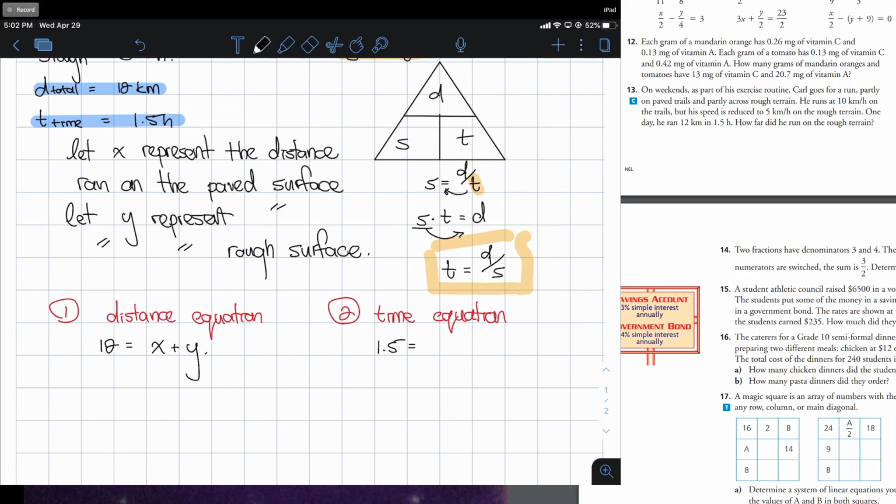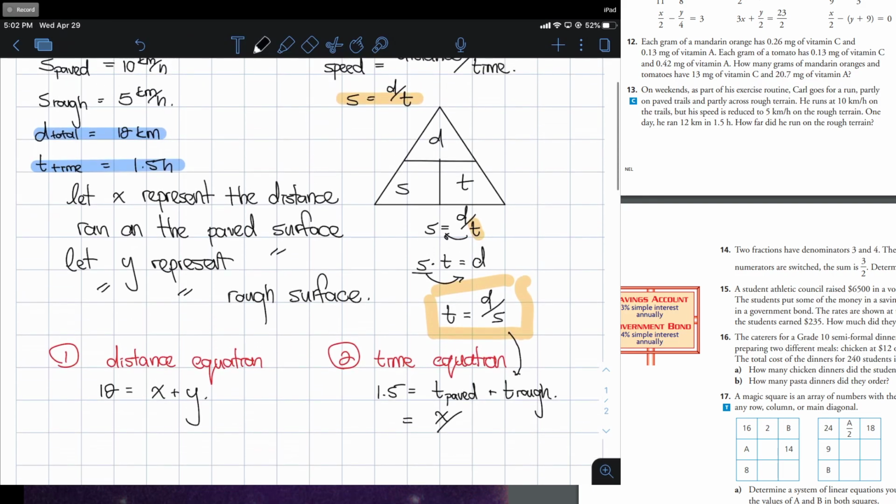So I'm going to just say t on the paved surface plus t on the rough surface. But then what I want to do is use this formula to describe what t paved and t rough would be. So t paved would be the distance that he runs on the paved surface, so that is our x variable, divided by the speed that he's able to run on the paved surface.